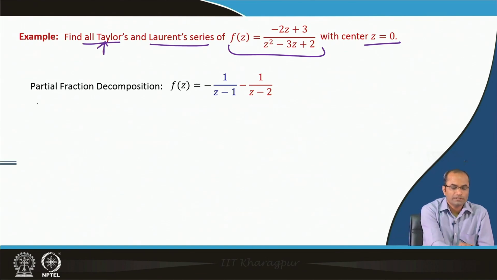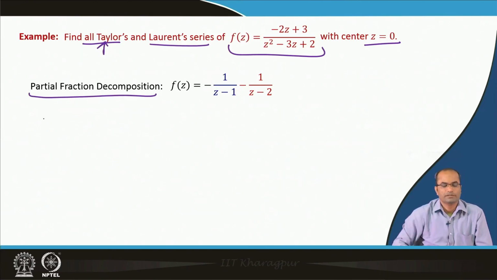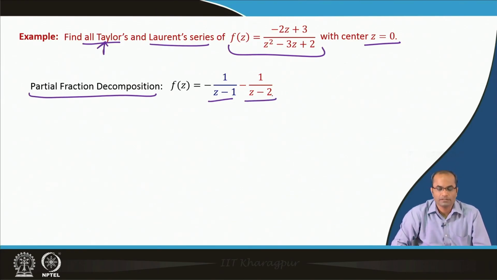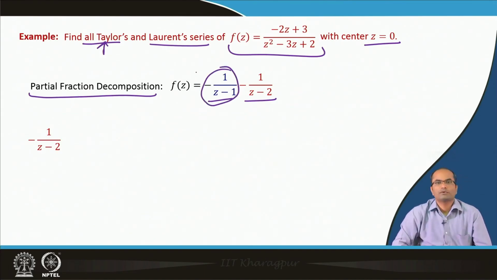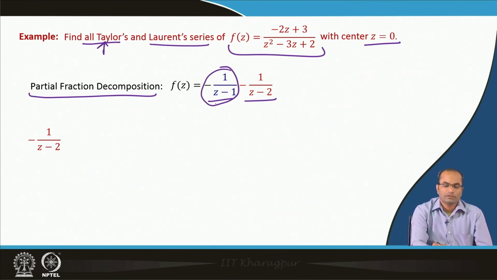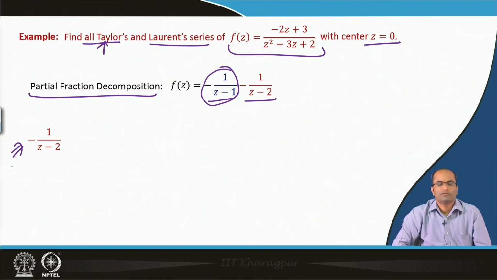Okay. So this is the trick which was used already in the previous lecture, the partial fraction decomposition. We have to decompose the given function into these simple functions whose expansion is known to us: 1 over z minus 1 and minus 1 over z minus 2. This we know already, the possible expansion for 1 over 1 minus z or z minus 1, but we want to see now what are the possible expansions for 1 over z minus 2.